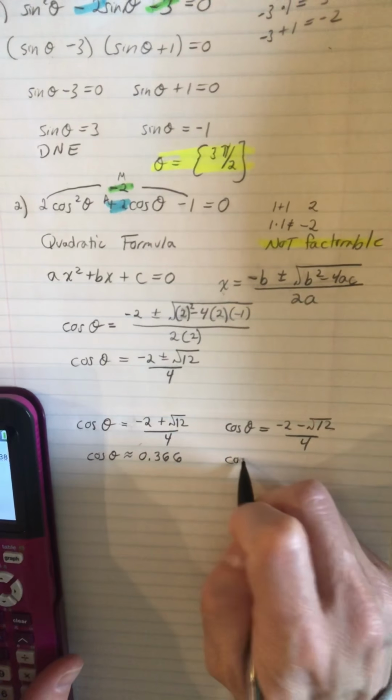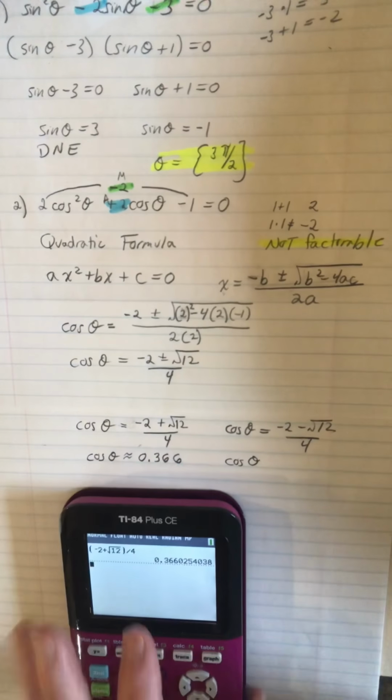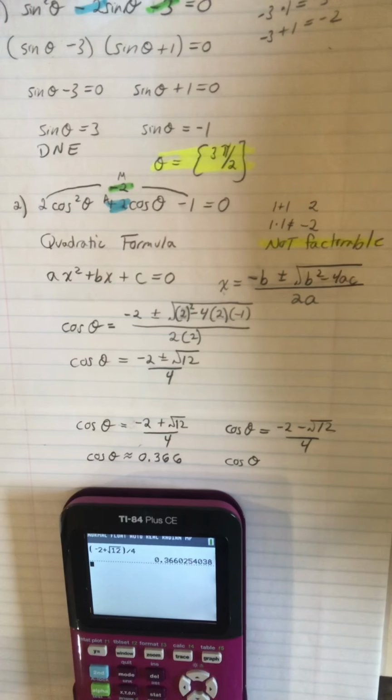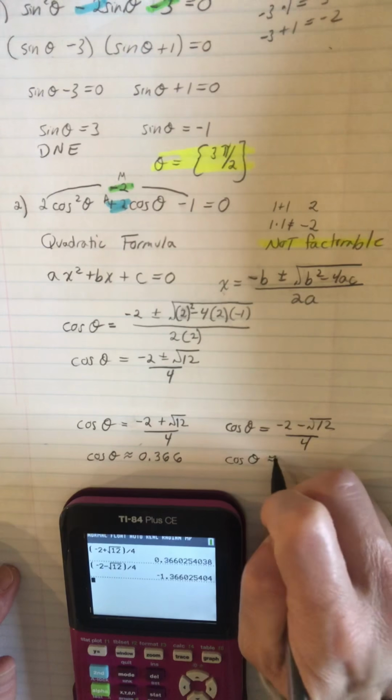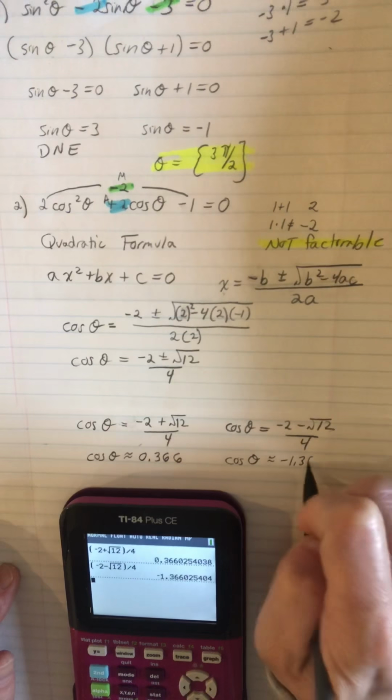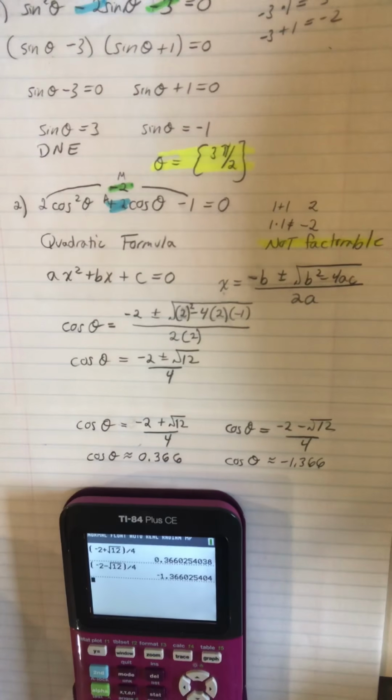Now let's see what cosine theta is over here. I'm going to be doing -2 minus, again in parentheses, my entire numerator should be in parentheses, and then divide it by that denominator. Cosine of theta should be approximately -1.366.